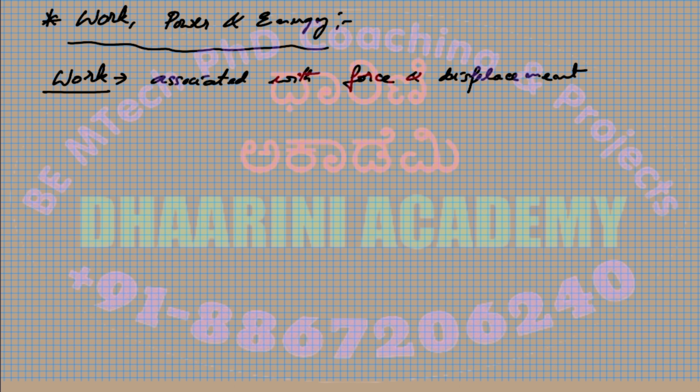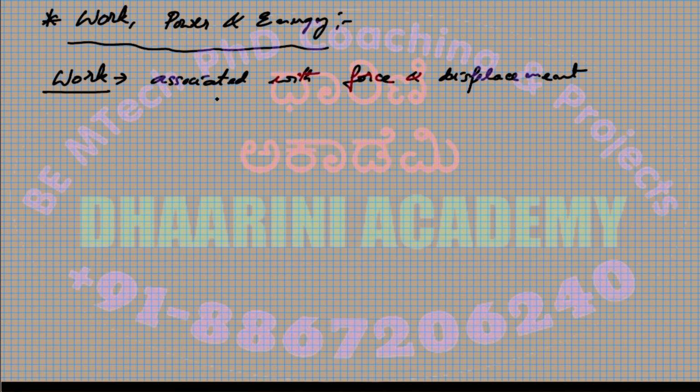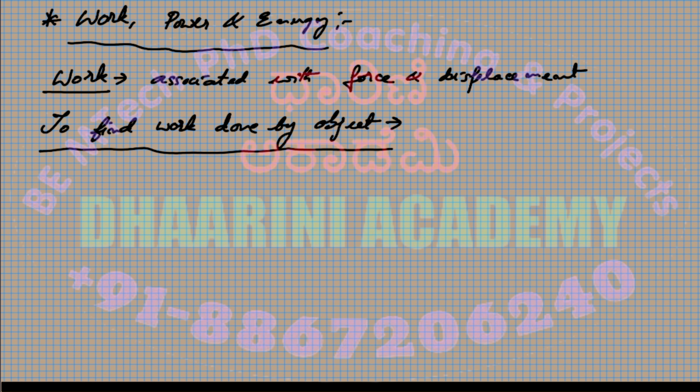All right. Now let us see the work done. There are mainly three methods of finding the work done by a force. So that is the next objective, to find the work done by an object. The first category will be work done by the force being constant.